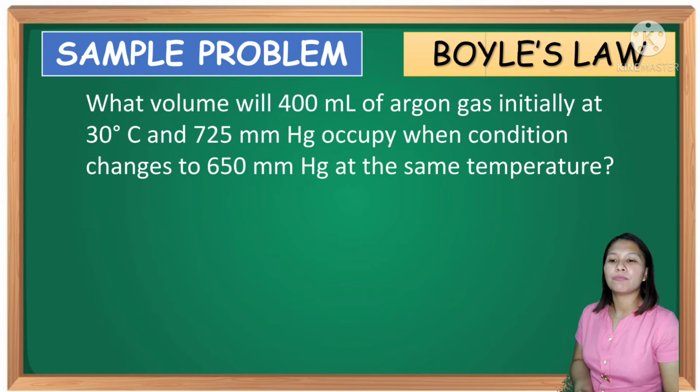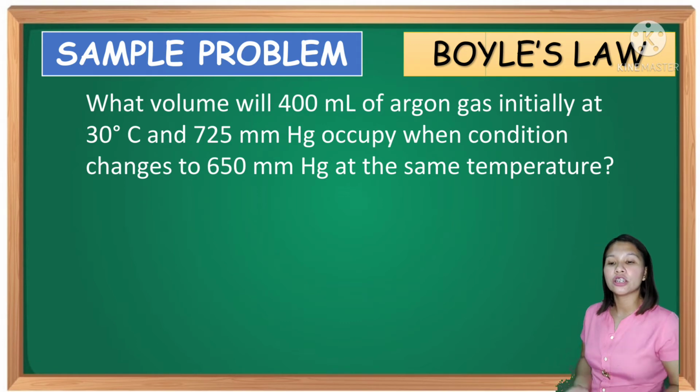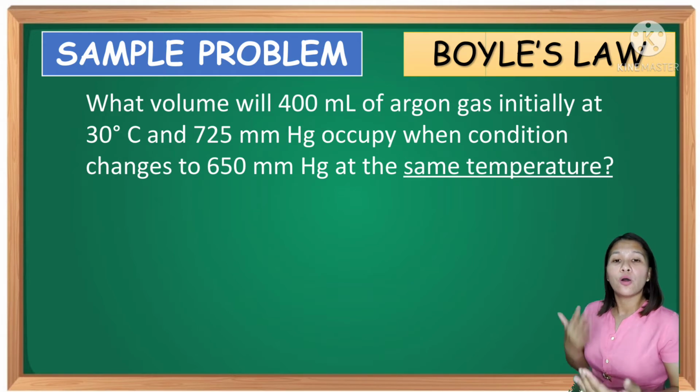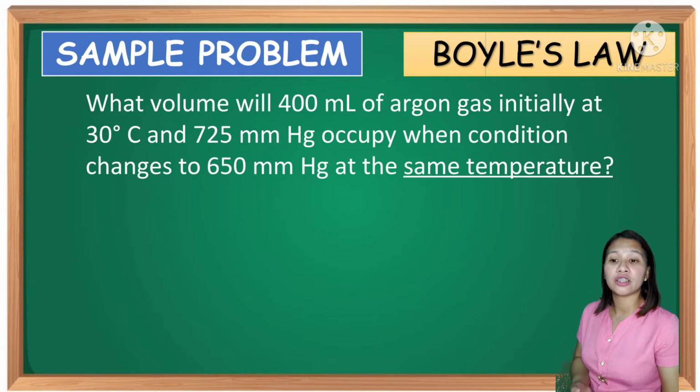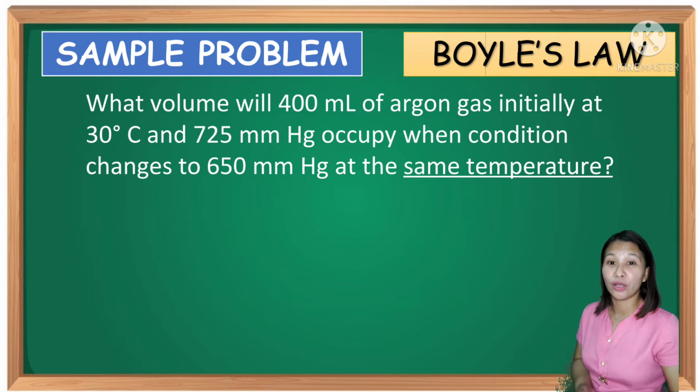So we have the sample: what volume will 400 ml of argon gas, initially at 30 degrees Celsius and 725 millimeter mercury, occupy when the condition changes to 650 millimeter mercury at the same temperature? We have the keyword same temperature. That's why we are going to use what we call Boyle's Law.